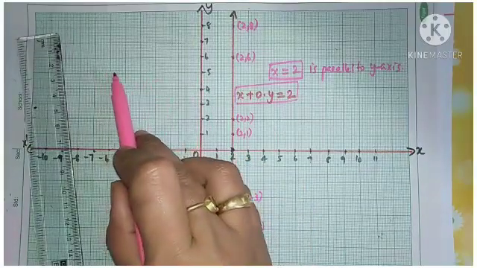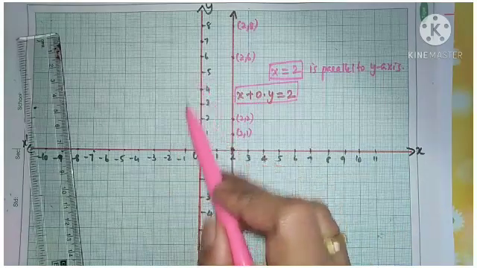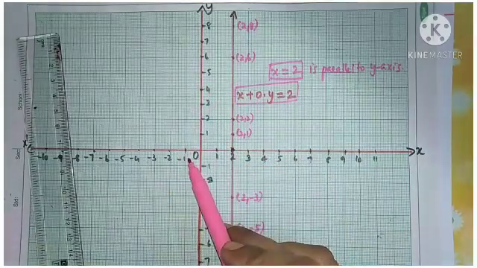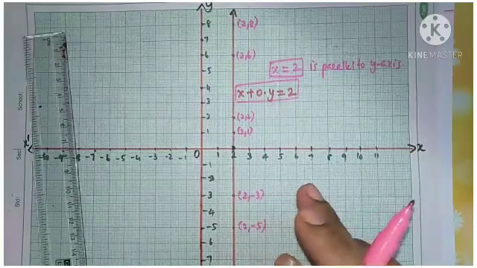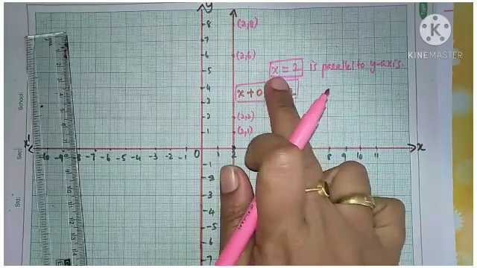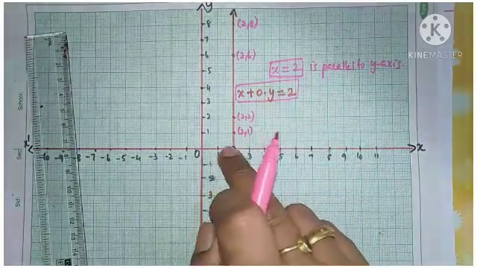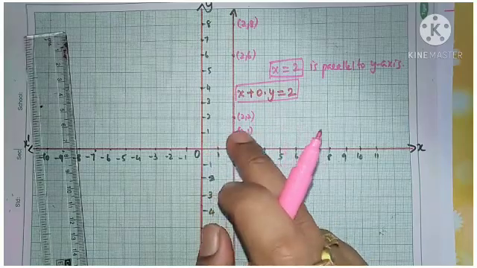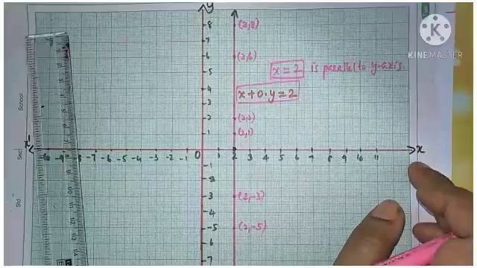Through this y equal to 5 you will draw a line, and that line will be parallel to x-axis. So these are the two equations where we can draw parallel lines. X equal to a constant will be parallel to y-axis. Y equal to a constant will be parallel to x-axis.